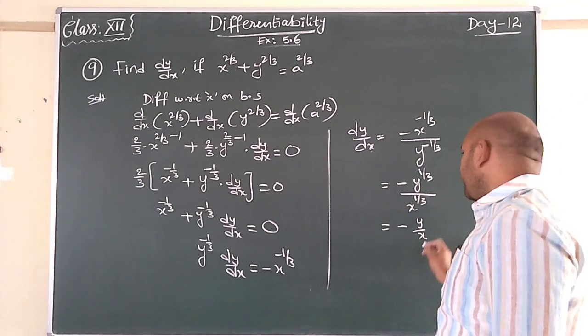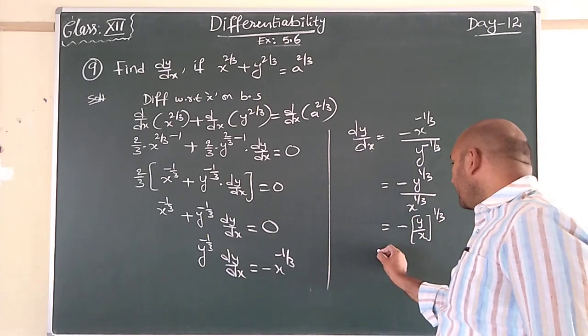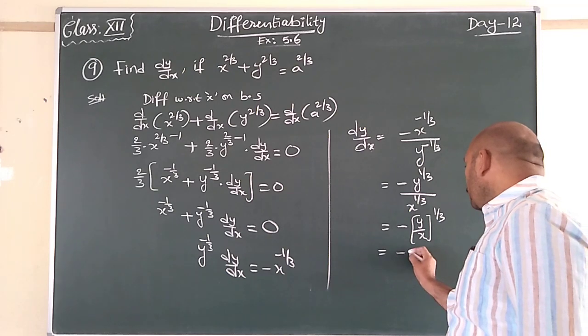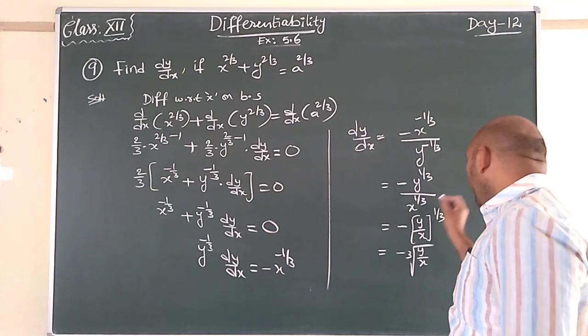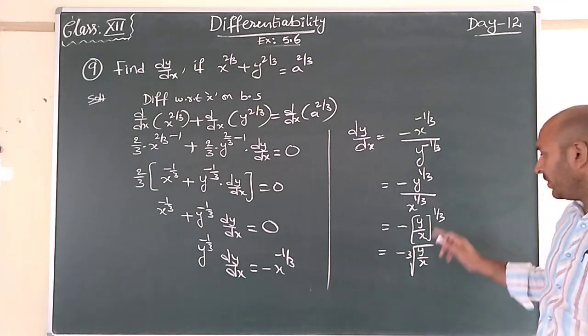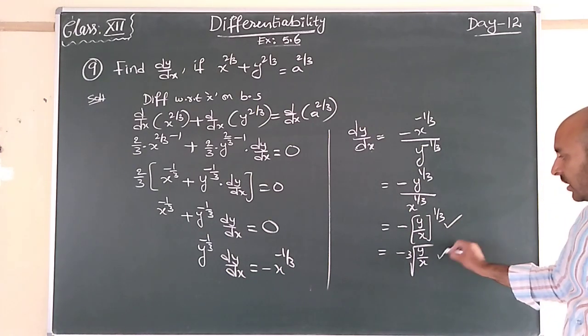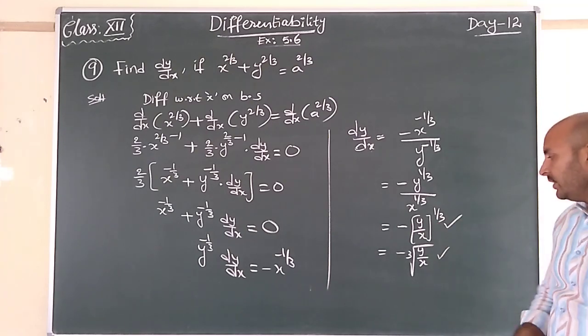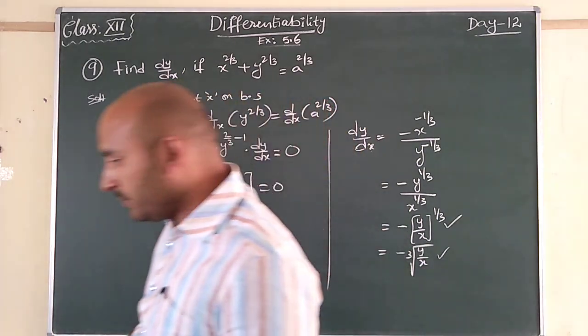So y by x whole power 1 by 3. Can I write it as minus cube root of y by x, because 1 by 3 is a cube root? Both forms are correct, you can write any one answer. So dy by dx is minus 3 cube root y by x.